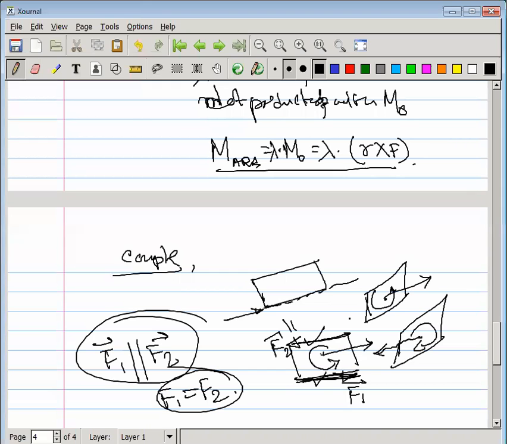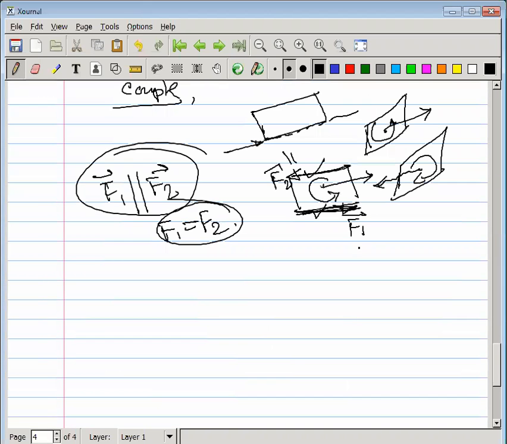Now come to another topic. Suppose you have the moment with you, but you have to move that moment to a different point. So how to do that? Suppose this is your system and you already applied two parallel forces equal in magnitude.